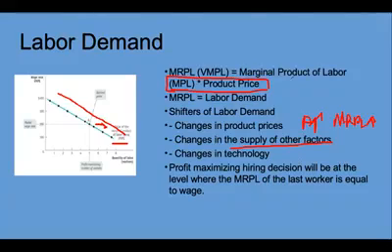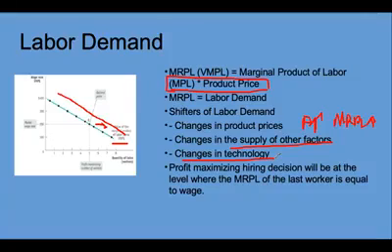If productivity is increasing, then you will need more workers. So when technology improves, the labor demand will shift to the right. We look at the favorable situation of technology, because with technology the labor also becomes more productive.